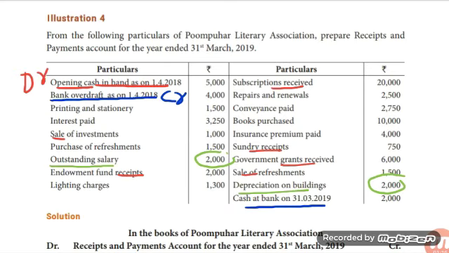Okay children, once more. Enter the opening cash balance on the debit side as To balance brought down. Children, do you know the reason? Cash is an asset. Asset has debit balance. So, enter the opening cash balance on the debit side as To balance brought down. Next line, cash, write the amount in outer column 5,000.